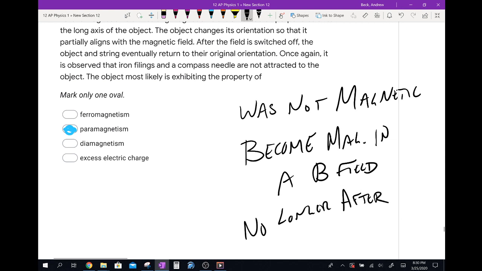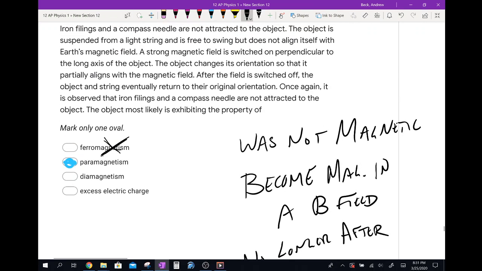That rules out ferromagnetism, since ferromagnets stay magnetized. Diamagnetism is going to do the opposite of a paramagnet, so it's going to oppose the field instead of attract it, so that's not what happened here. So we know that we're going to have paramagnetism, because it was temporarily magnetic and then it aligned with the magnetic field. It did not disalign as a diamagnetic object would have done, and then this last option makes no sense.